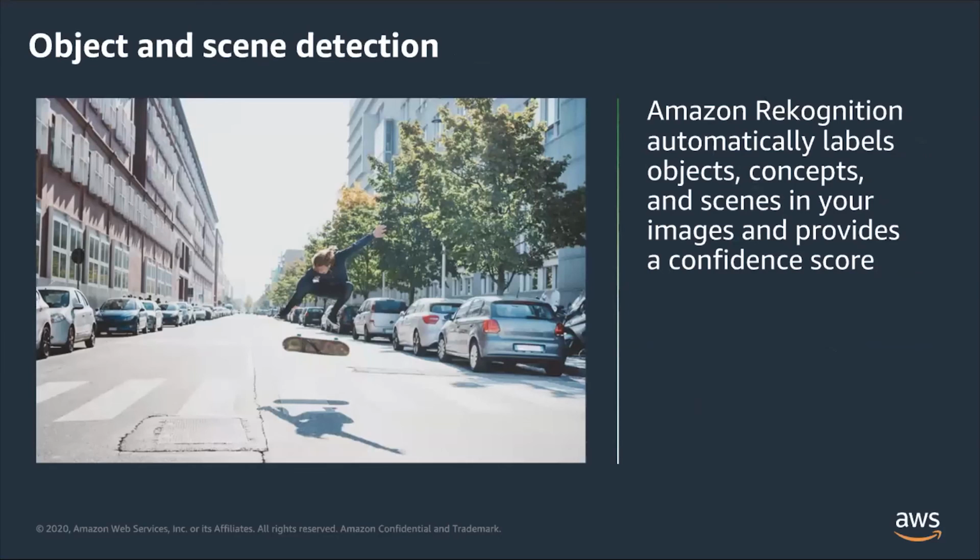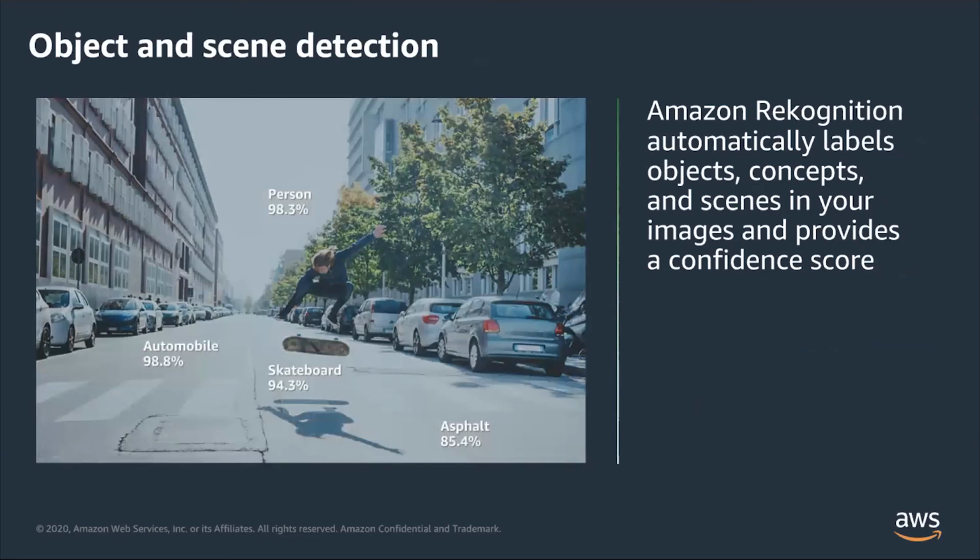In addition to labeling the items and pulling text out, it also provides a confidence score. So it will tell you, with a certain amount of confidence, the thing that's identified, like skateboard, automobile, person, the road in this case, and then taking those percentages, feeding into a system that can raise alerts based on the probability that something is happening in a scene.